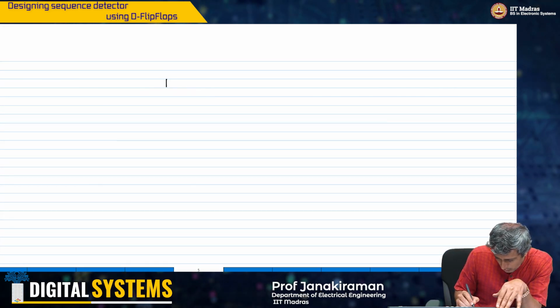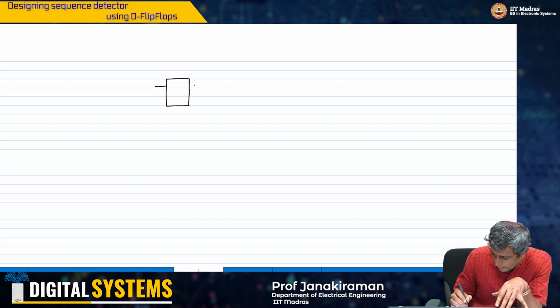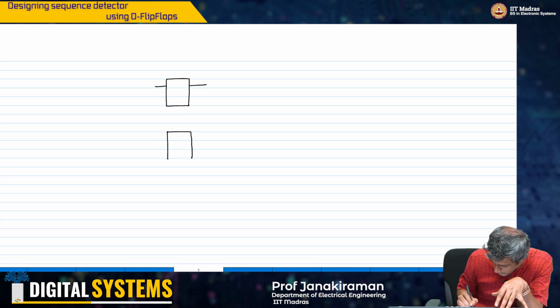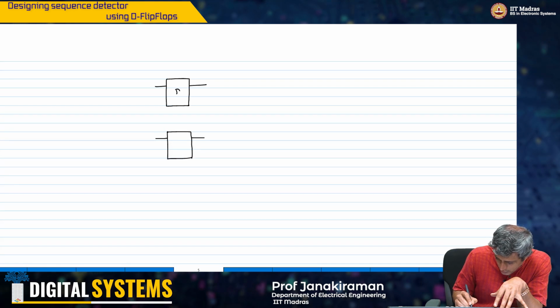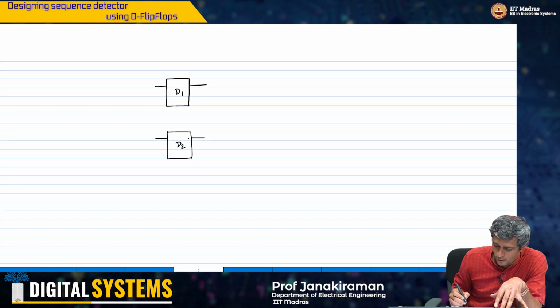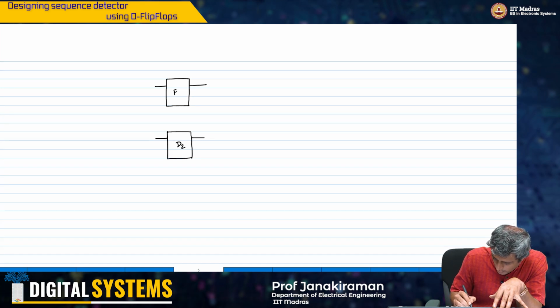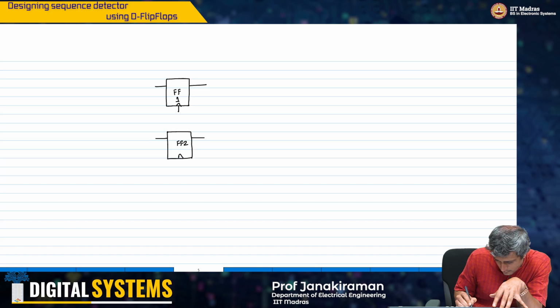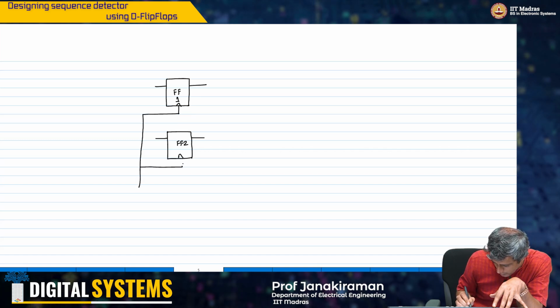So I have D flip-flop A, B. I'll just call them FF1 and FF2.